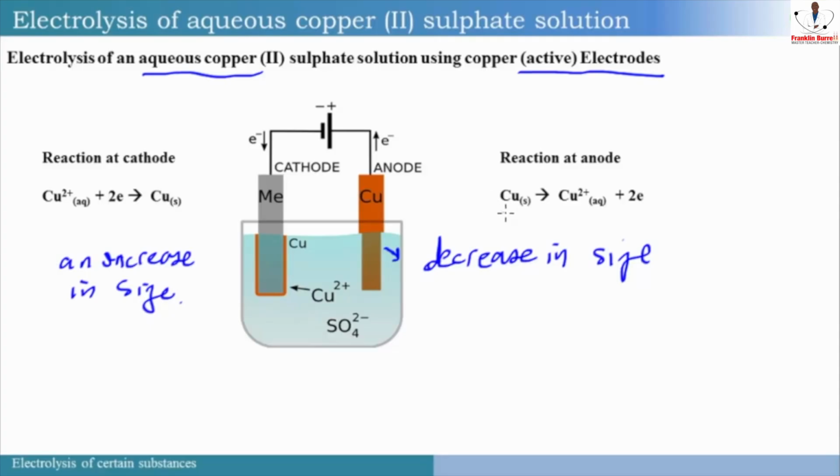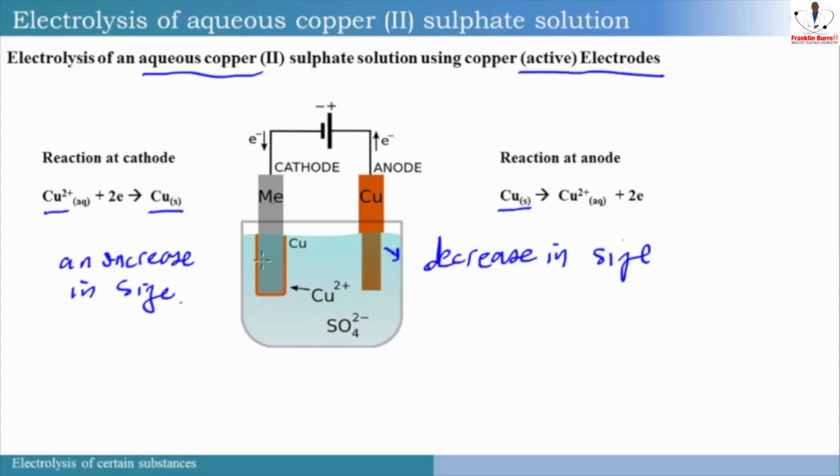So just remember, at the anode, dissolving is taking place, where the solid forms ions and disappears. While at the cathode, the ions are being reduced, hence copper is built up around the cathode as it forms your pink solid. So your observation again should be that your anode is dissolving while your cathode is being built up or increased in size.